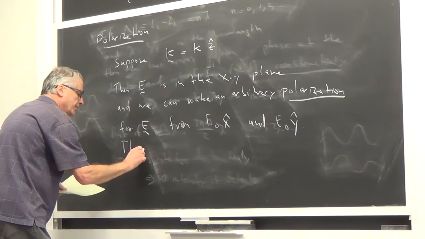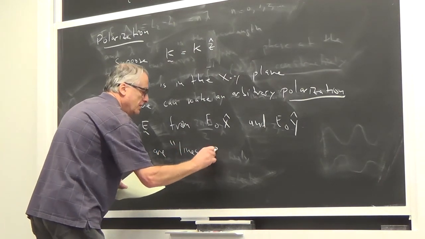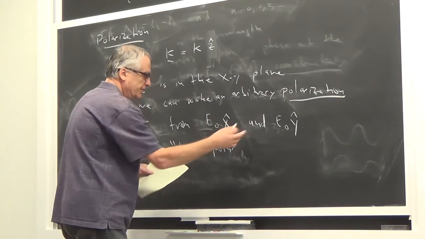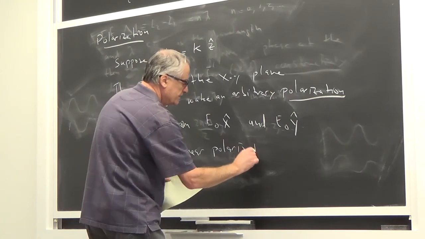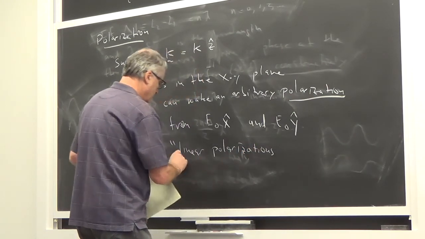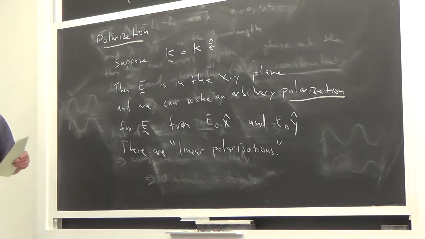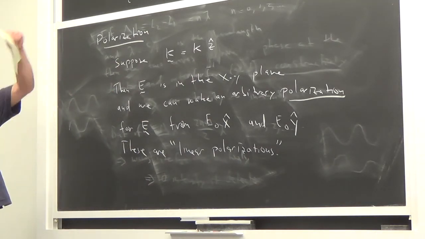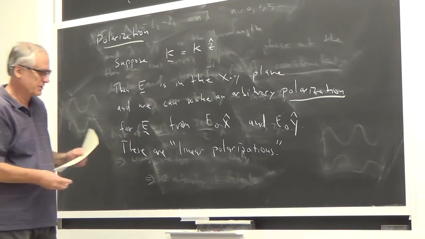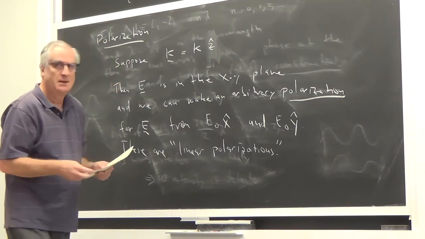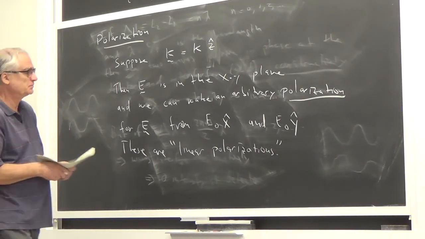If we do that, these are known as linear polarizations, as long as there's nothing complex going on here. Because ultimately, the electric field is pointing in some direction. And so it's going back and forth through the origin in that direction. Okay. Oscillating back and forth. We can do something a little bit fancier.